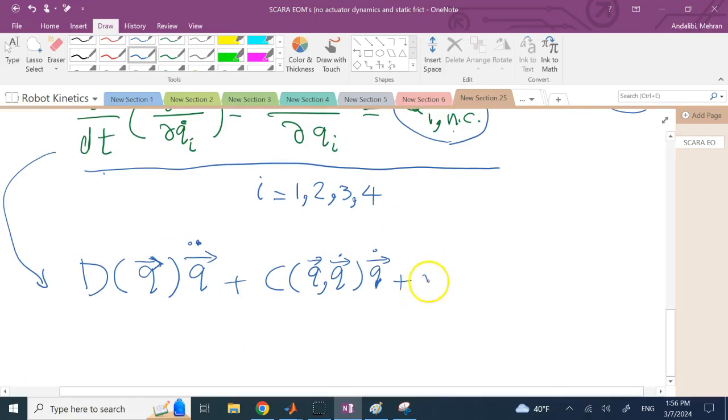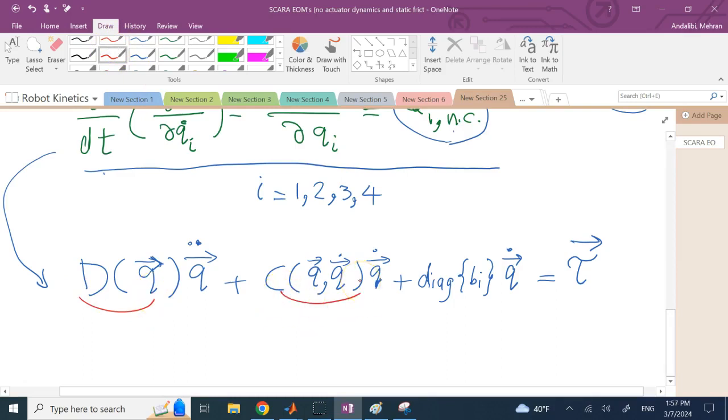So if you want, you can write it as diagonal of the Bi's times Q dot. This is equal to what? The tau. If we neglect the static friction and if we neglect what? The actuator dynamics. So here I'm going to derive for you the D and I'm going to derive for you the C.